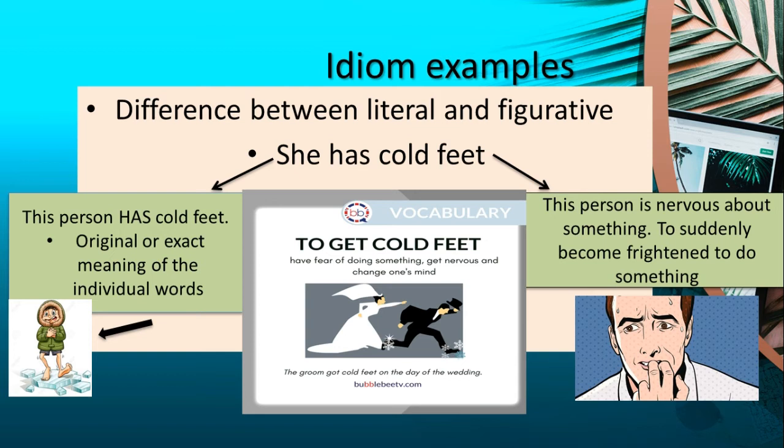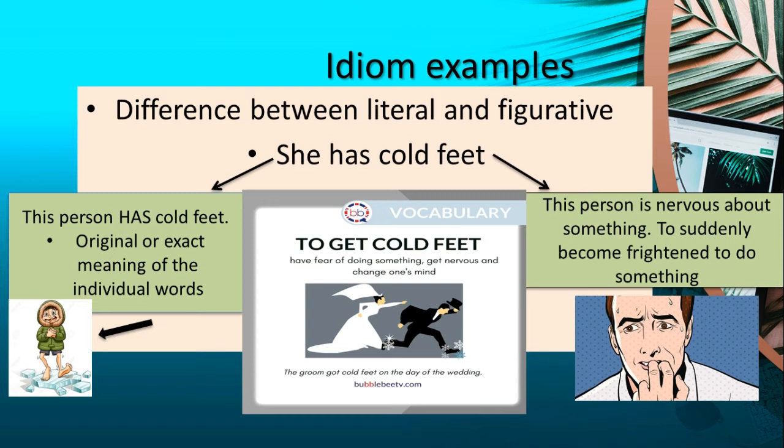She suddenly feels frightened to do something. This idiom is not telling us that a person really has cold feet like the picture on the left. The idiom tells us something else.